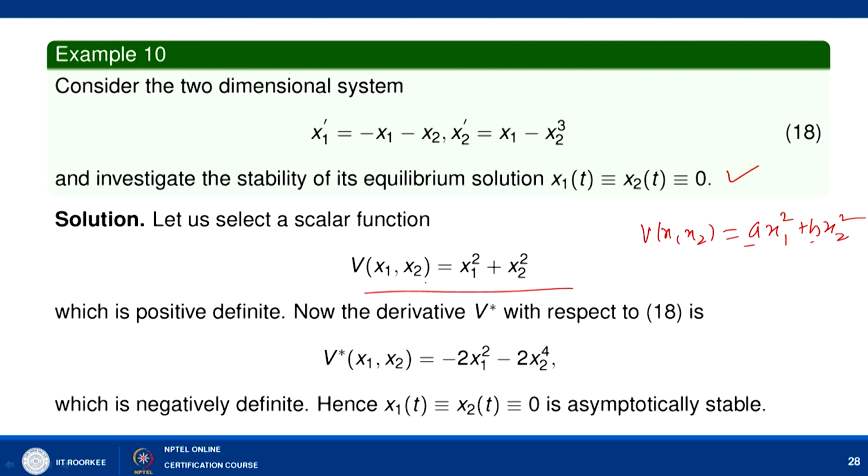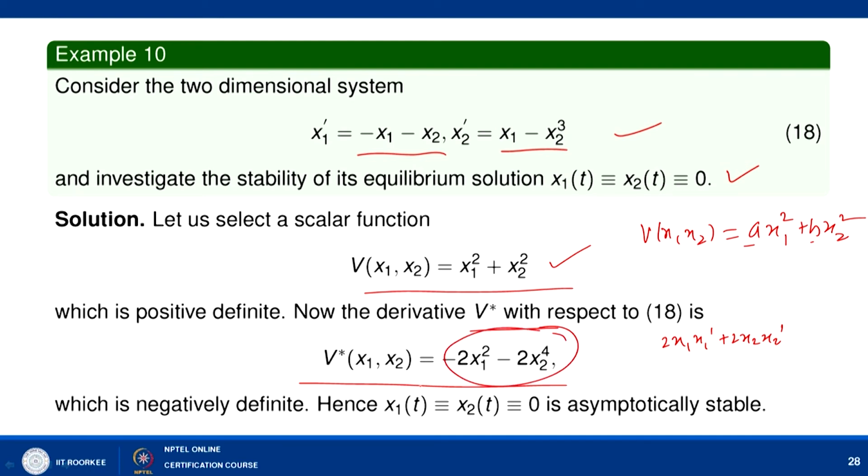First of all, this is positive definite, and if you look at the derivative of V along the system 18, it is 2 x1 x1 dash plus 2 x2 x2 dash. Putting in the values of x1 dash and x2 dash, V star of x1, x2 is given as minus 2 x1 square minus 2 x2 power 4, which is nothing but negative definite.